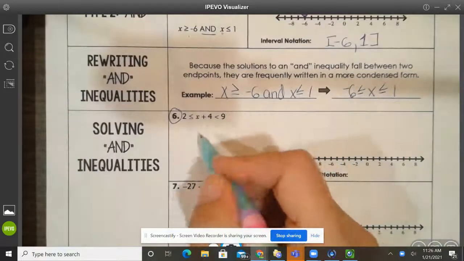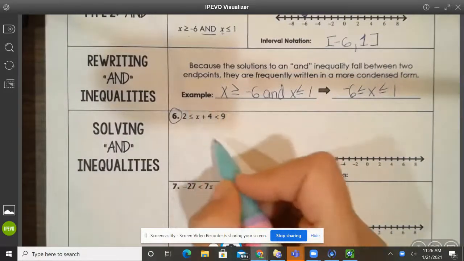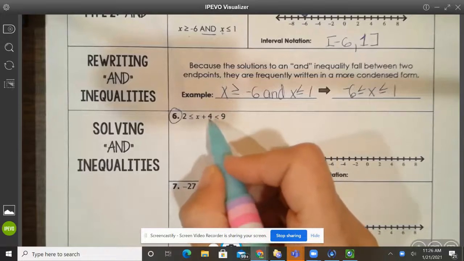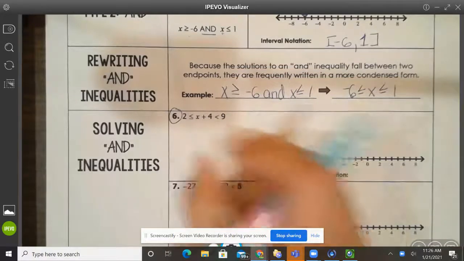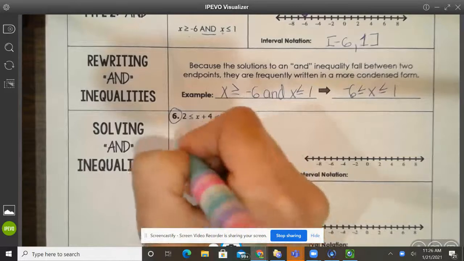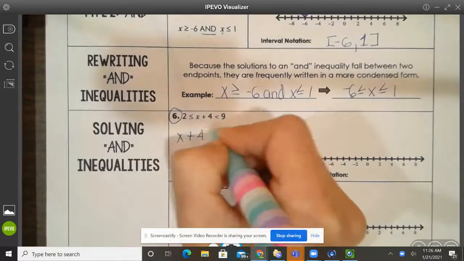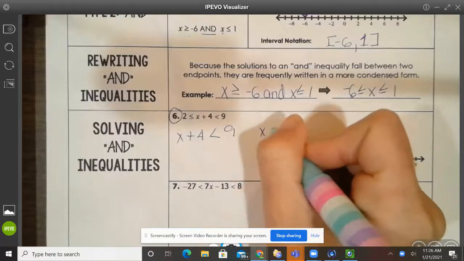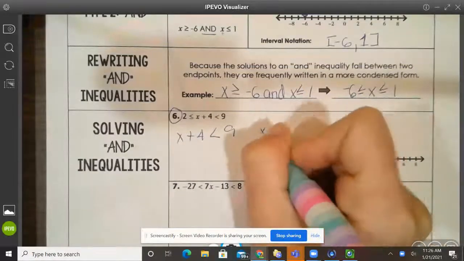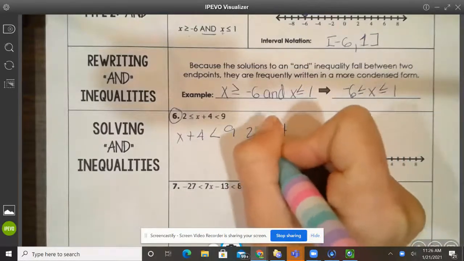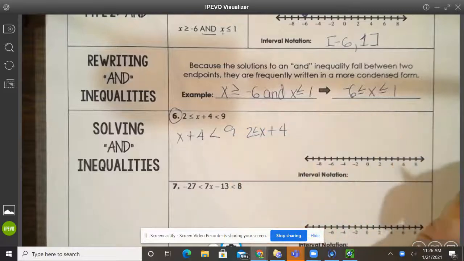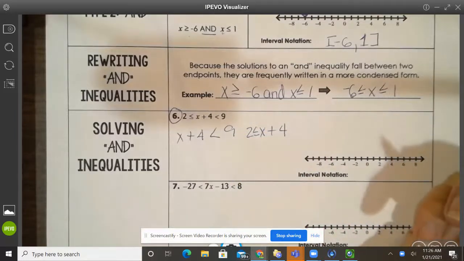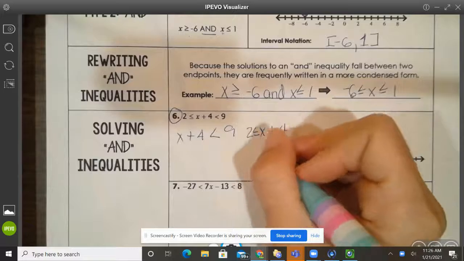So the way we do this, for me, I can see it and do it visually, but you can break this into two pieces. You have x plus 4 is less than 9, and then you also have negative 2 is less than or equal to x plus 4.